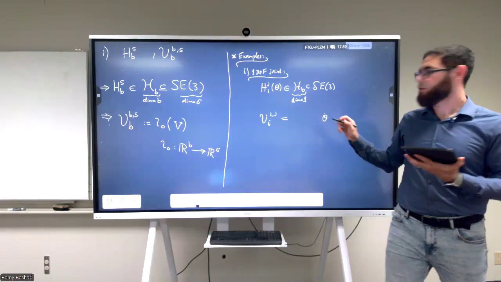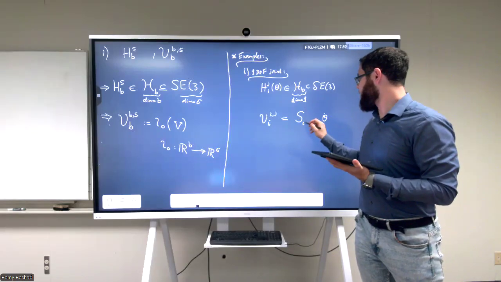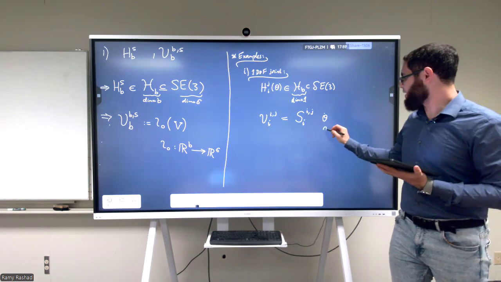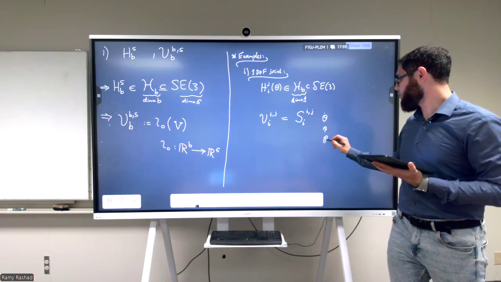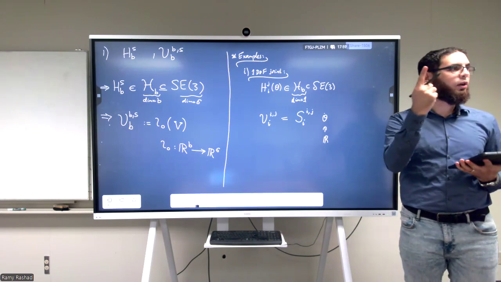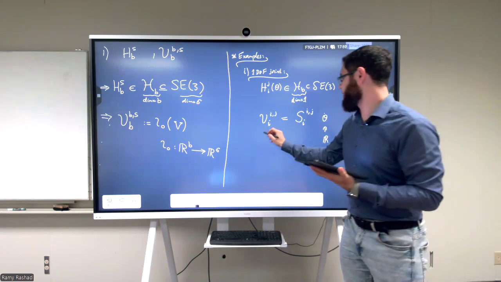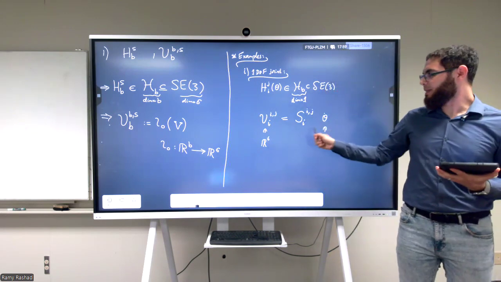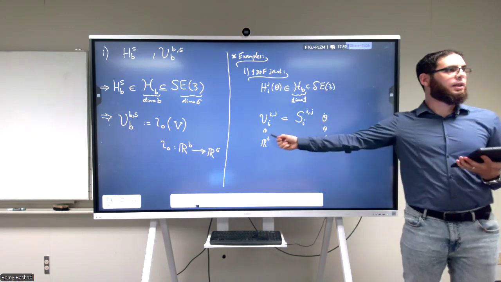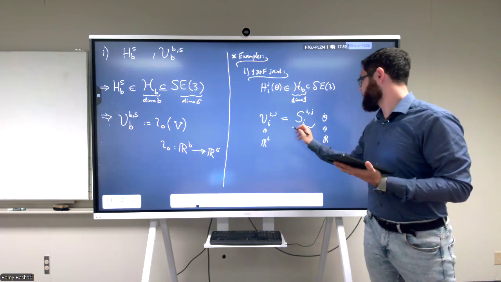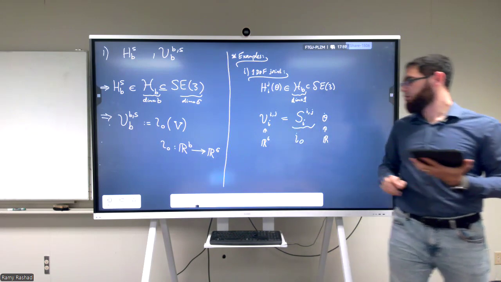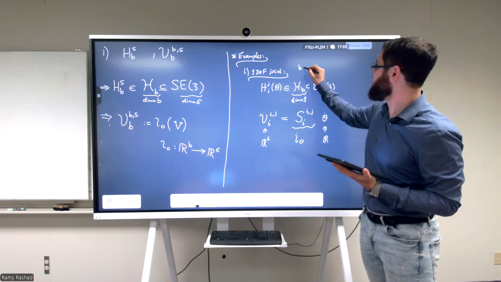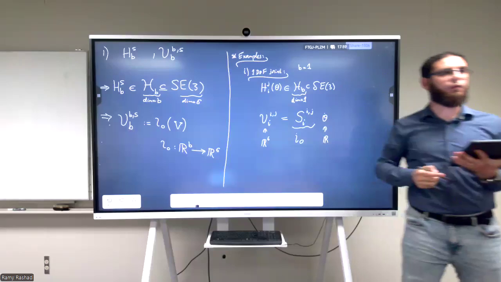It was the screw of I with respect to J expressed in I. So this was something that lived in R1 because we had a 1 degree of freedom joint. This was something that lived in R6. This was a map from 1 to 6. This was exactly the iota in this example. And the B here is equal to 1 because we have a 1 degree of freedom joint.